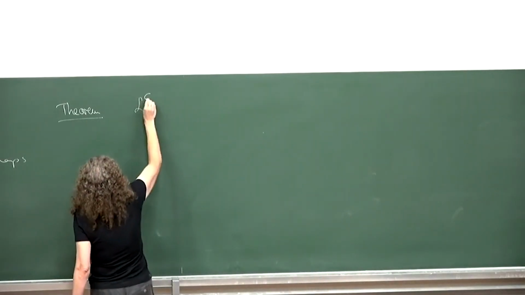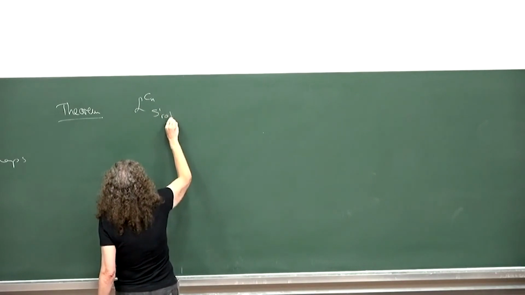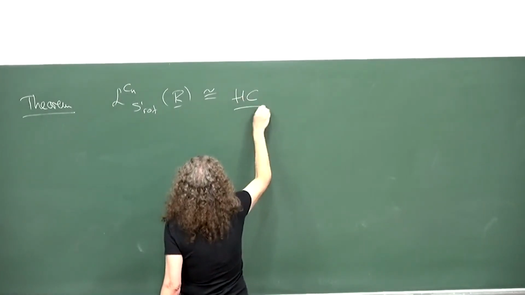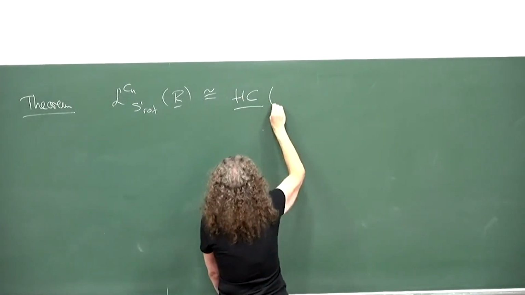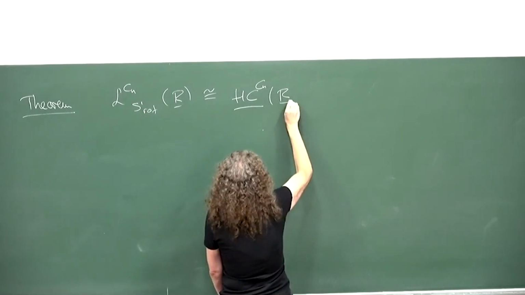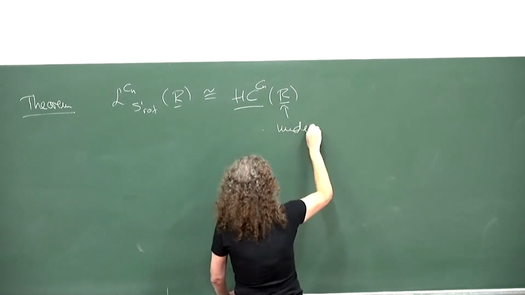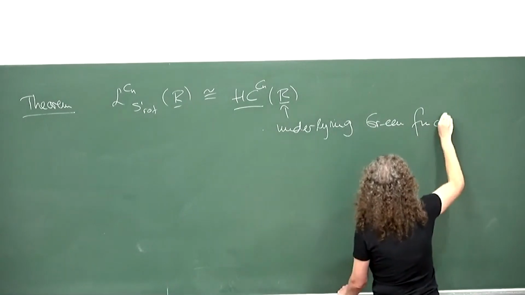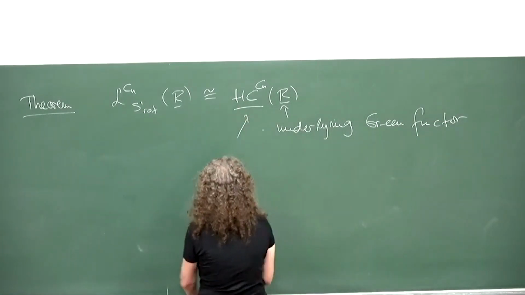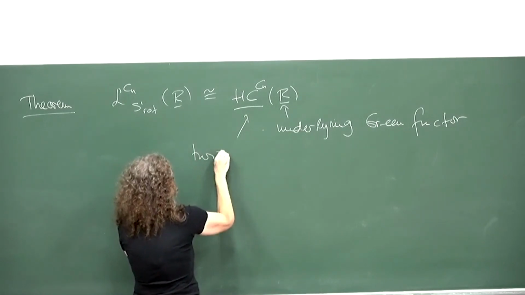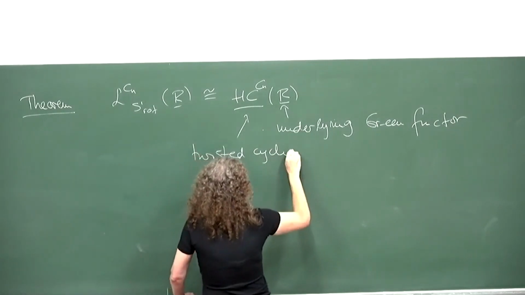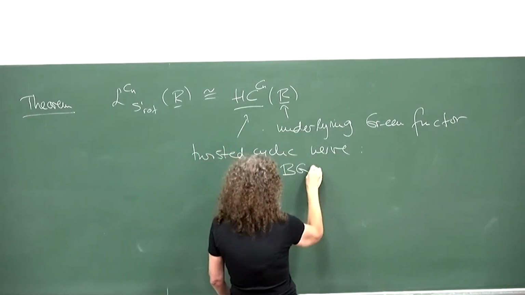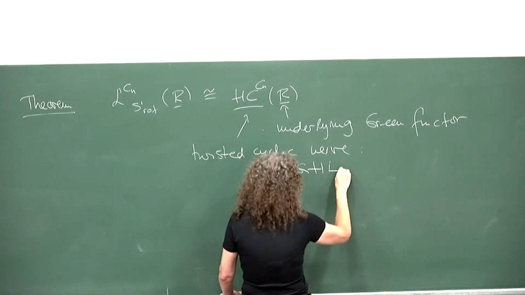So what we get is that this thingy is actually isomorphic to the cyclic twisted nerve of R, of the underlying Green functor. And that's the twisted cyclic nerve by, oh God, Blumberg, Gerhardt, Hill, Lawson.